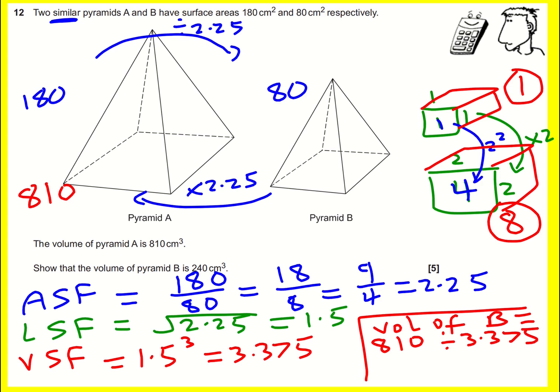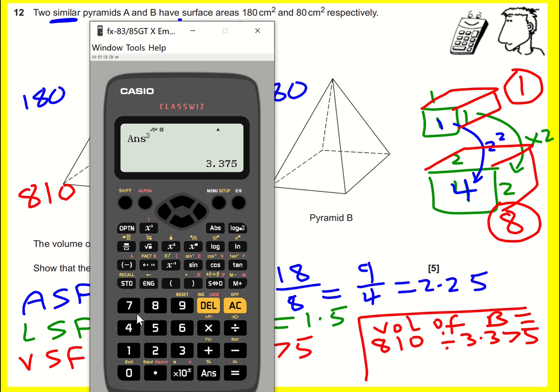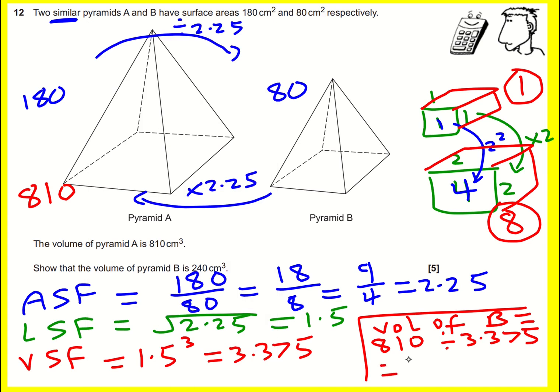And let's hope it comes out as 240. 810 divided by answer, there we go. 240 centimeters cubed. And it's a show that question, so I'm just going to write as required. Okay, I've gone into some depth there, but that is how we deal with that question.